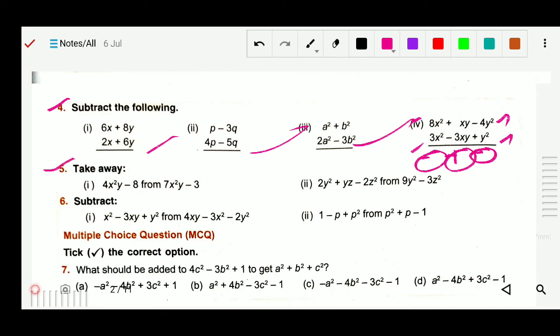So here I am going to solve question number 5: 2y square plus yz minus 2z square from 9y square minus 3z square.